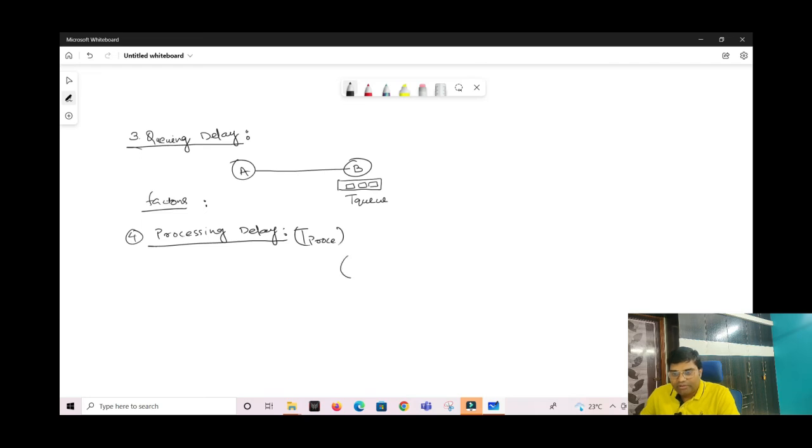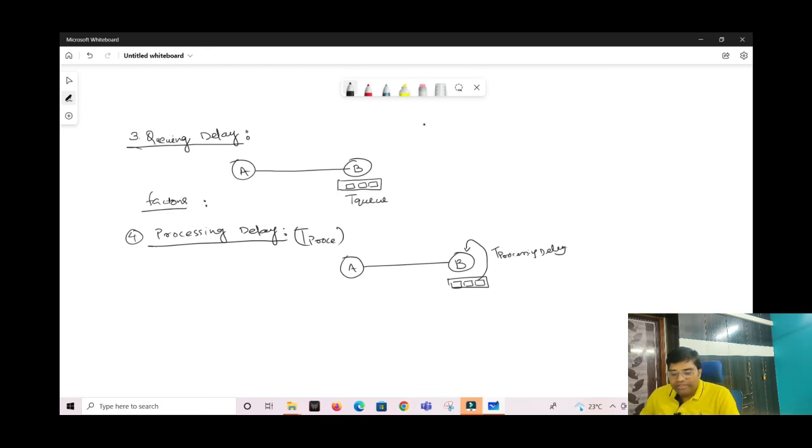For example, now this is sender A, this is sender B. The packets are in the queue, and now the processor will pick this packet and process it. Picking this packet and processing it is called the processing delay. So the time taken when it processes the data one by one is called the processing delay.